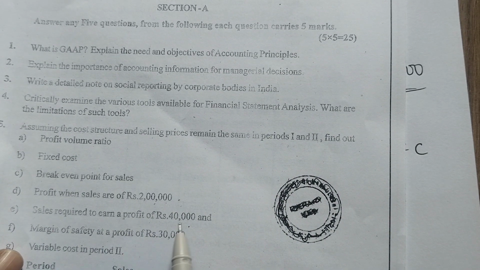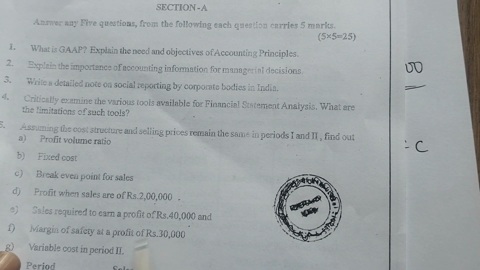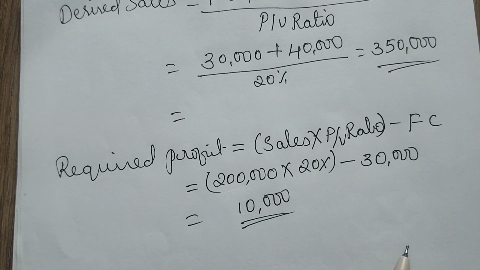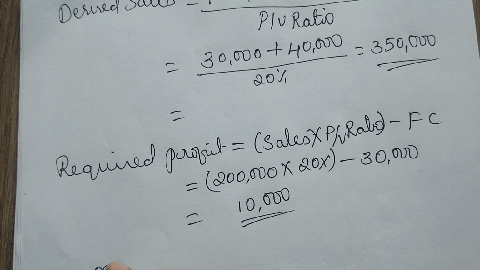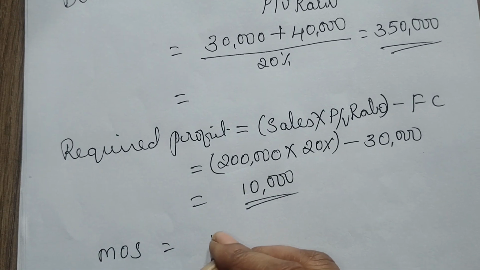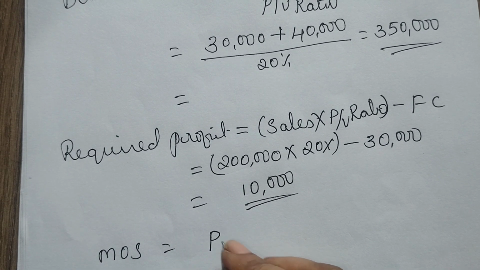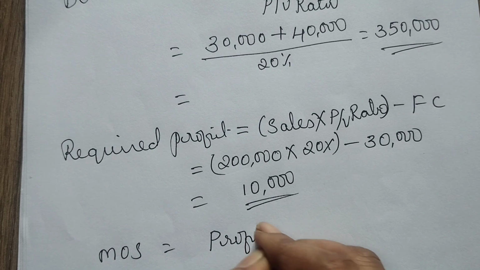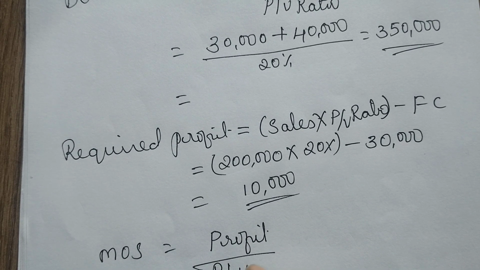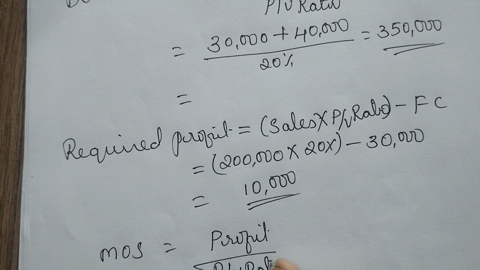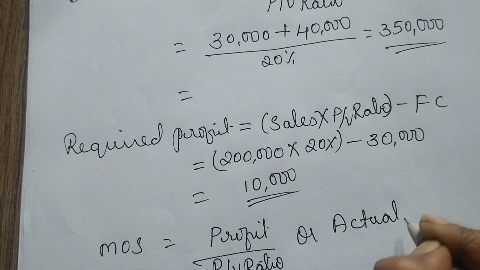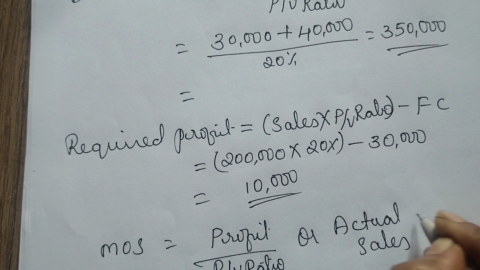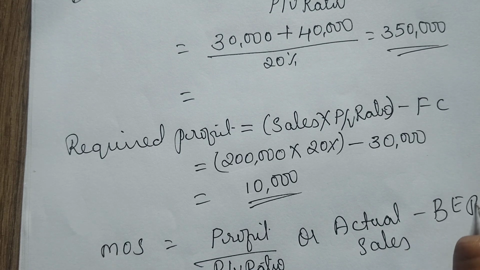We have calculated the profit when sales are 2 lakh and the sales required to earn a profit of 40,000. Next is margin of safety. Margin of safety formula: two formulas are there. First formula is profit divided by PV ratio, or actual sale minus BEP sales.